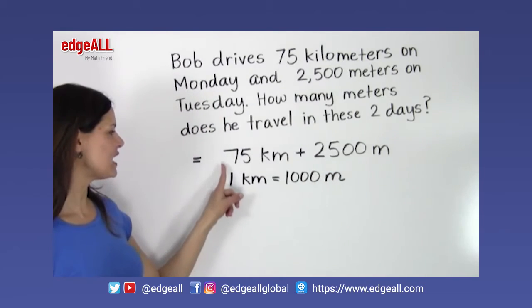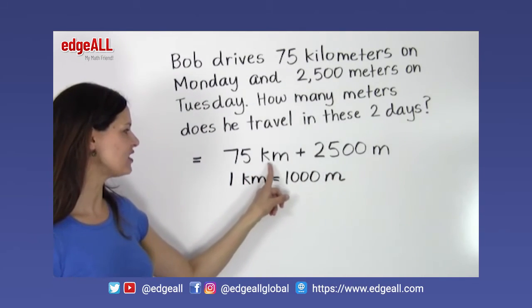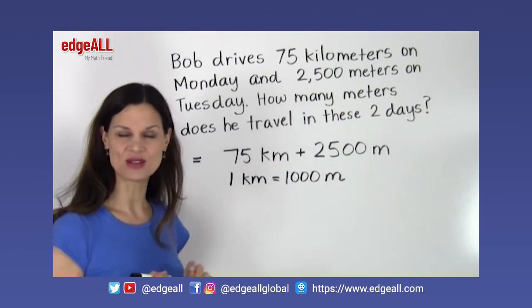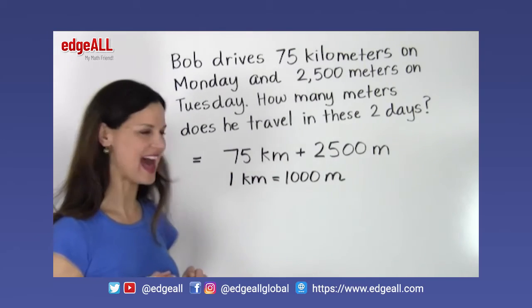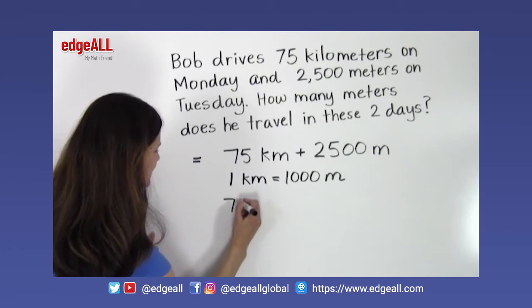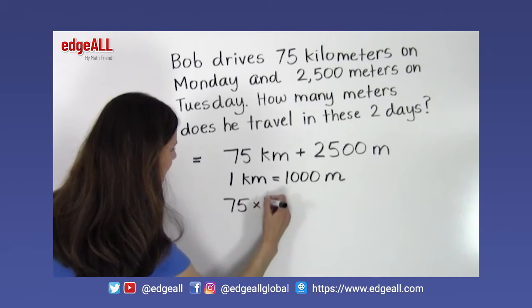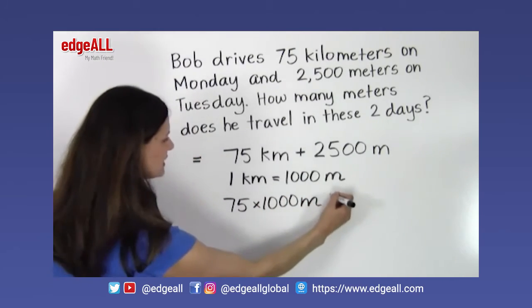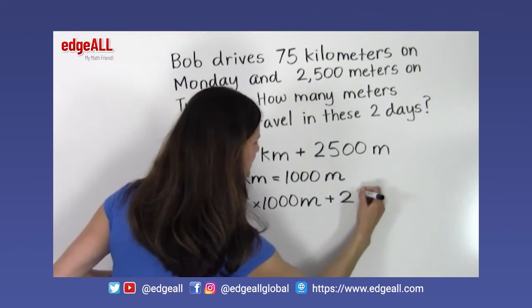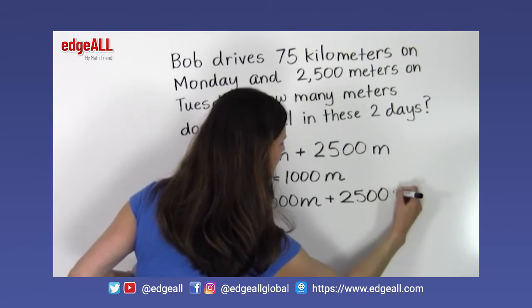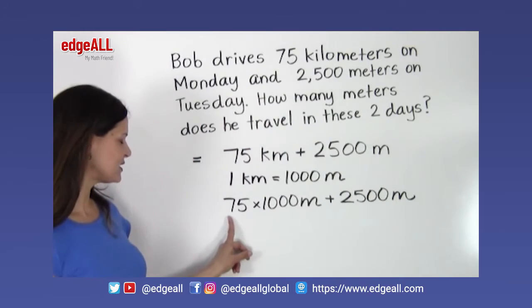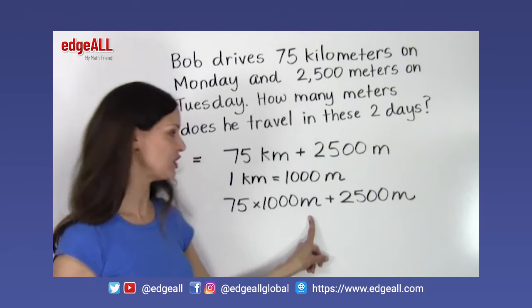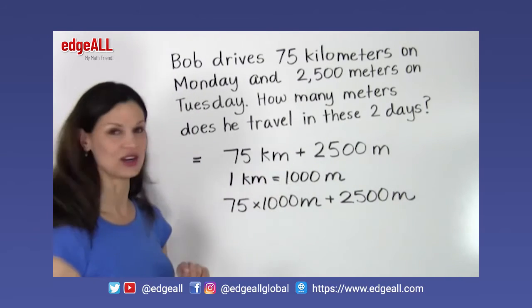And so when here we have 75 kilometers, we can take the 75 and multiply that times 1,000. So we have 75 times 1,000 meters plus 2,500 meters.